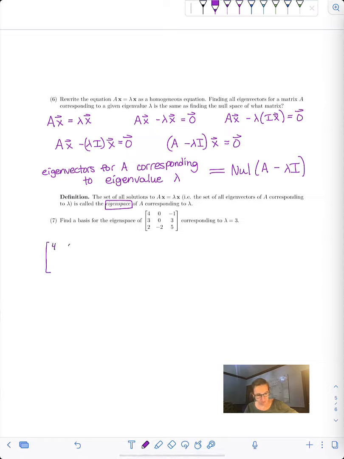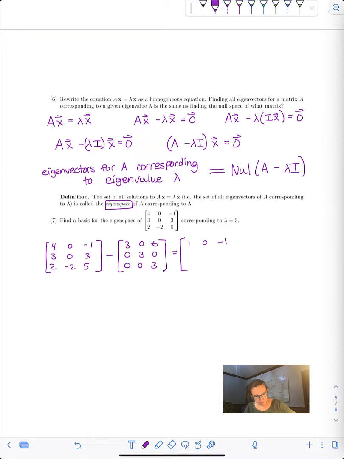So we have 4, 0, negative 1, 3, 0, 3, 2, negative 2, 5, and then we're subtracting out 3 times the identity matrix. And so what we're left with is 1, 0, negative 1, 3, 0, 3, 2, negative 2, 2.